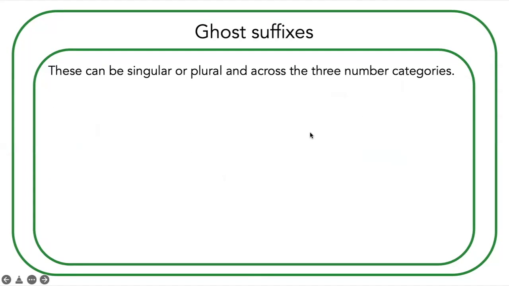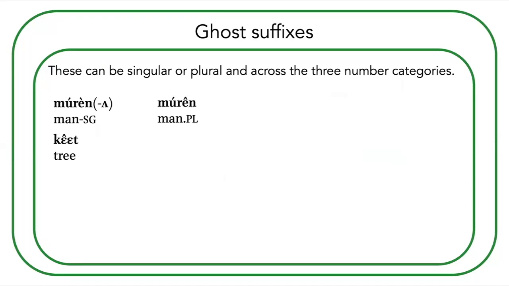And this is very, very common across the board. So you find that you have singular and plural pairs where they don't vary at all, or they vary only in tone, and the singular will have a ghost suffix and the plural will have nothing. The opposite is also possible.